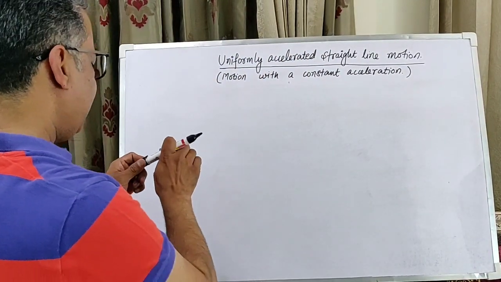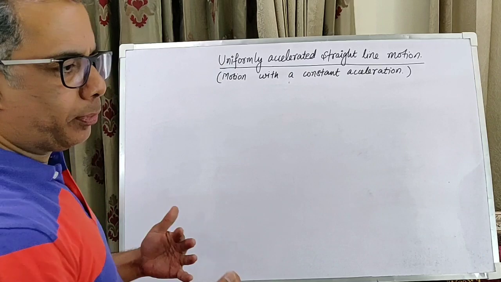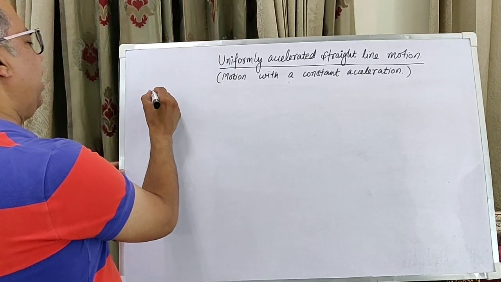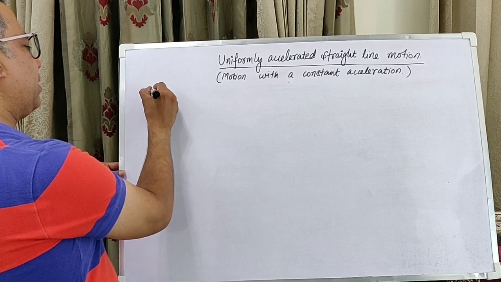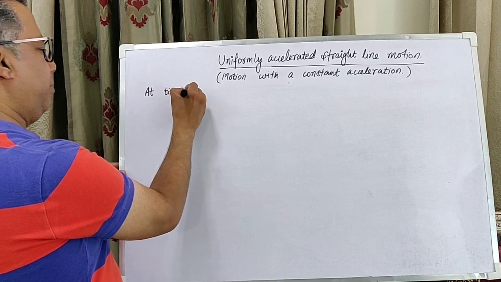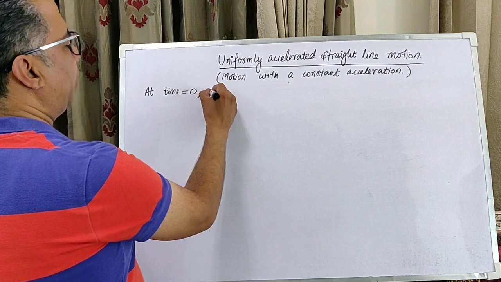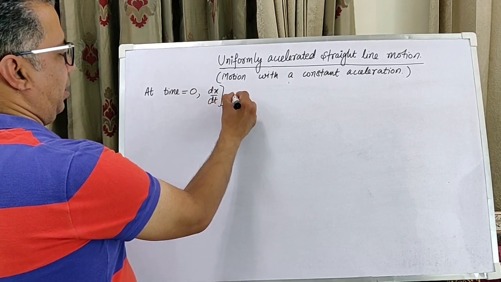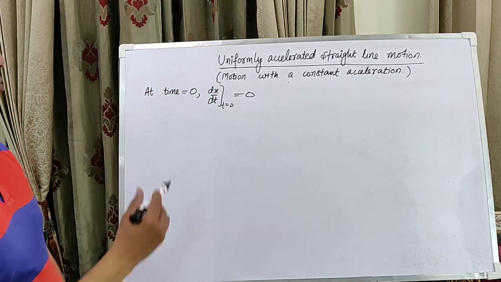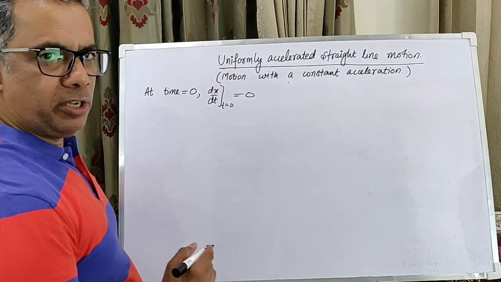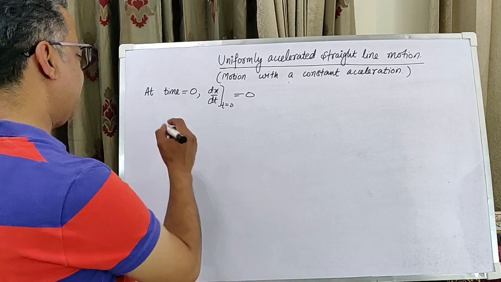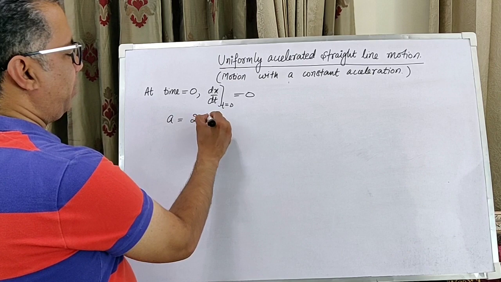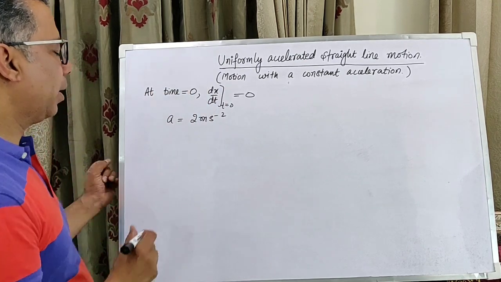Let's say we have a uniformly accelerated straight line motion happening in which at time equal to 0, the velocity is 0. So we have a motion with 0 initial velocity and a constant acceleration. Let's say the acceleration is 2 meter per second square.